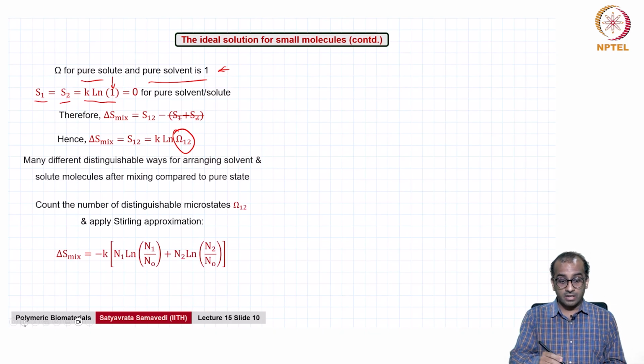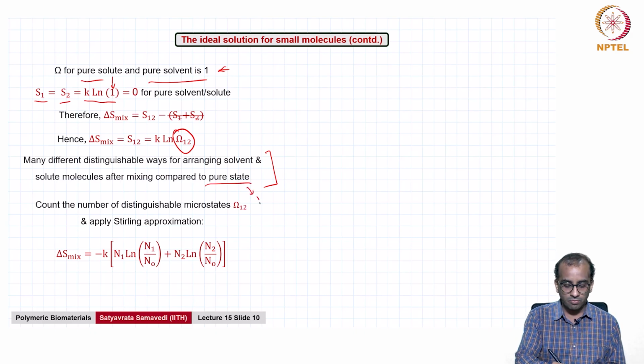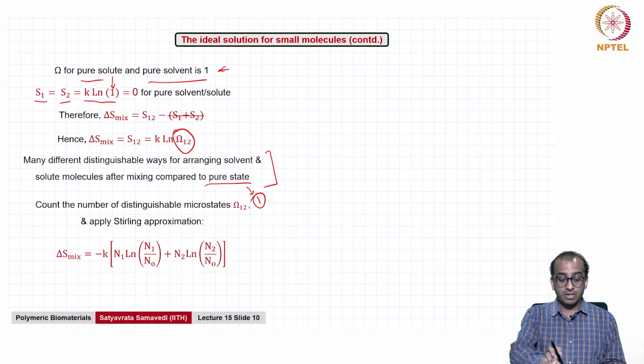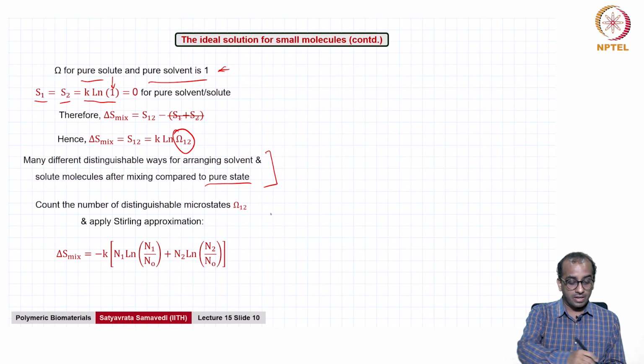We are now going to say that there are many different distinguishable ways for arranging solvent and solute molecules after mixing compared to the pure state, where in the pure state there is only one way to do this. If you can find a way to count that, and that can be done using probabilities, count the number of distinguishable microstates.